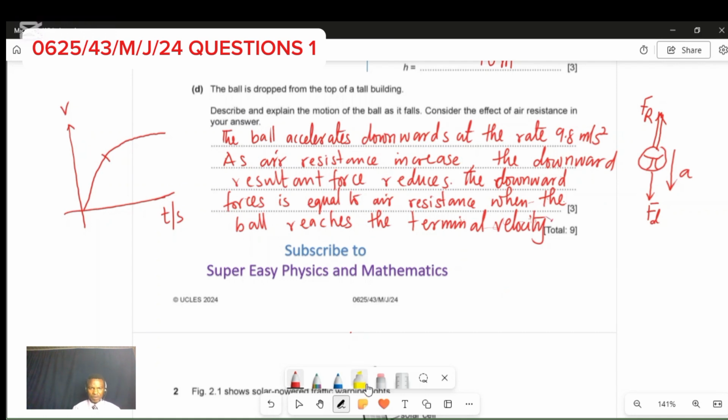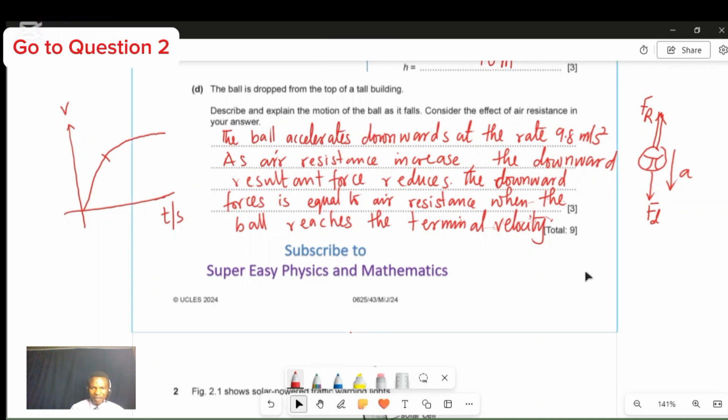Okay, I think those points are enough. So this is all that you need to know for the first question. Next we're going to be going into the second question.